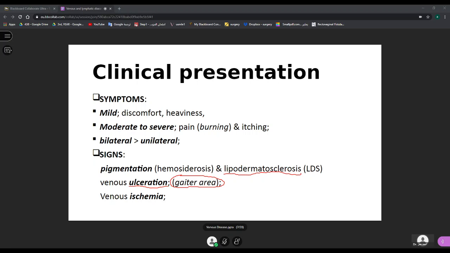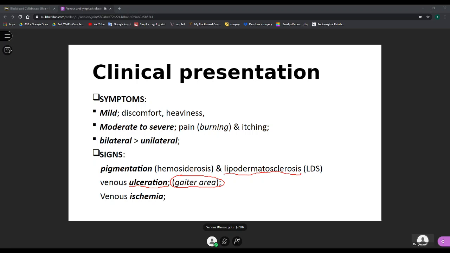Venous ulceration is not expected to be found in the foot, nor above the gaiter area. As mentioned in the textbook, if you find ulceration in the foot or above the gaiter area, I mean involving the upper part of the leg or even the thigh, then think of another diagnosis other than venous disease.